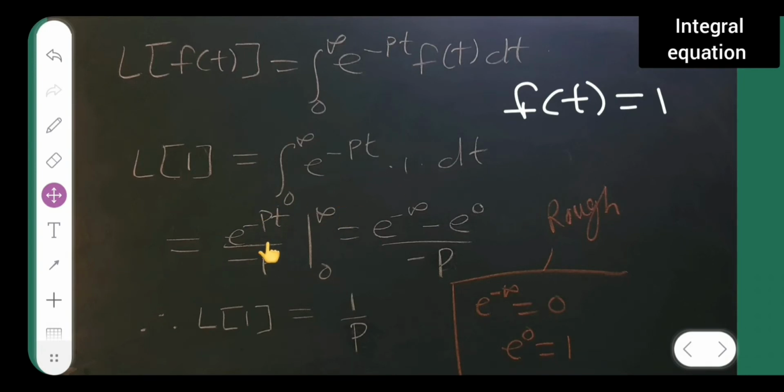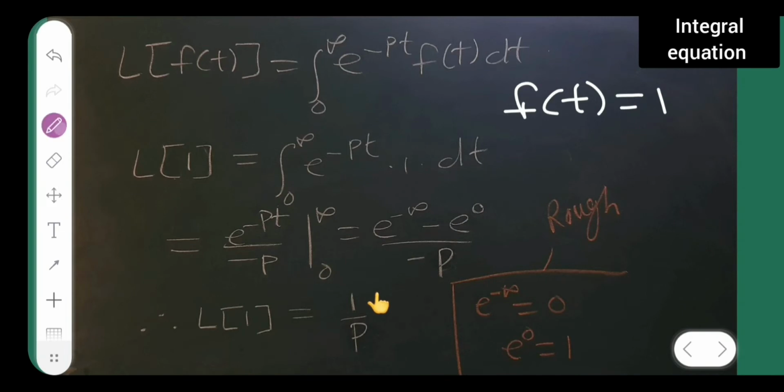So this is equal to what? What is the integral of this? e raised to power minus pt upon minus p. And the limits, you have to take the upper limit minus the lower limit. e raised to power minus infinity is nothing but 0. Then what will remain is minus e raised to power 0. Now e raised to power 0 is nothing but 1, upon minus p.